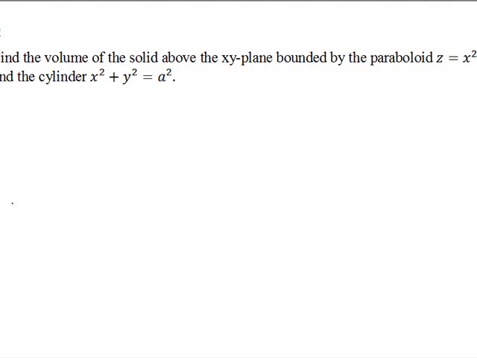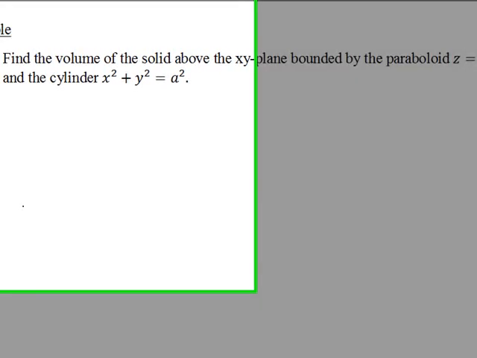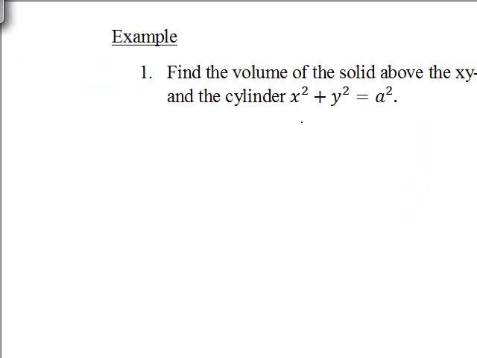Find the volume of the solid above the xy plane bounded by the paraboloid z equals x squared plus y squared and the cylinder x squared plus y squared equals a squared. So you see the presence of these x squared plus y squared should tell you you are going to use cylindrical coordinates, okay?